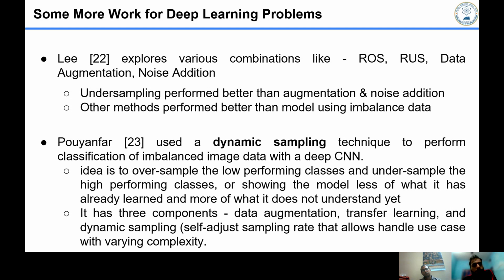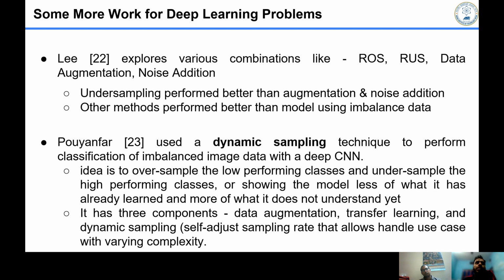In one piece of research, researchers also suggested a dynamic sampling technique to perform classification on imbalanced image data with a deep CNN model. The idea here is to oversample the low performing classes and undersample the high performing classes.